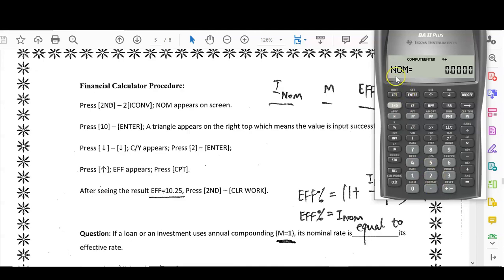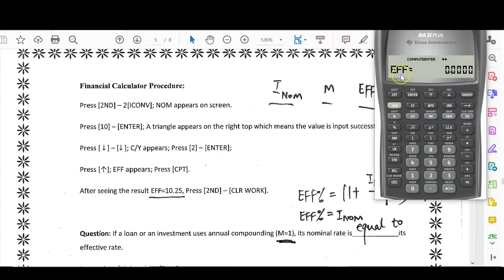We can see that NOM appears on the screen. We can either compute it or enter it as the instruction says. Here we know the nominal rate is 10%, so input 10, enter as the nominal rate. A triangle appears, meaning it's input successfully.